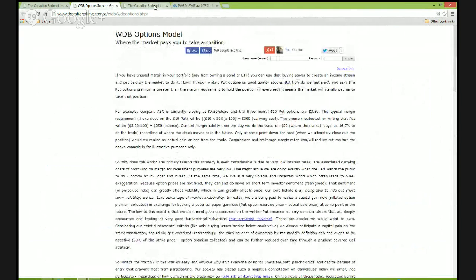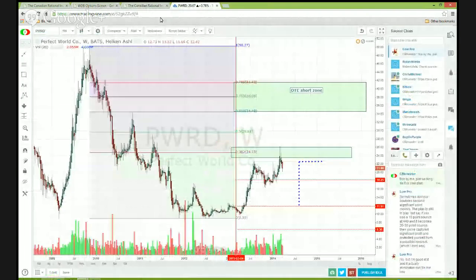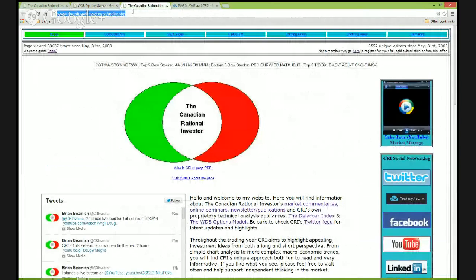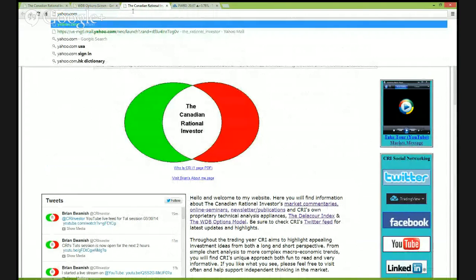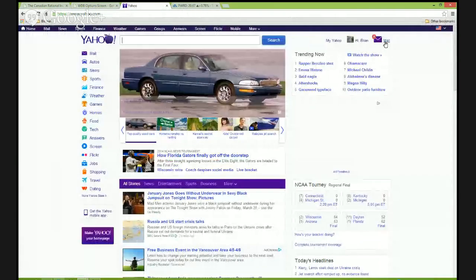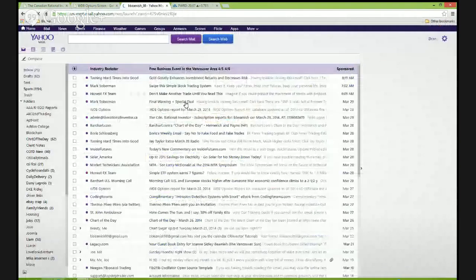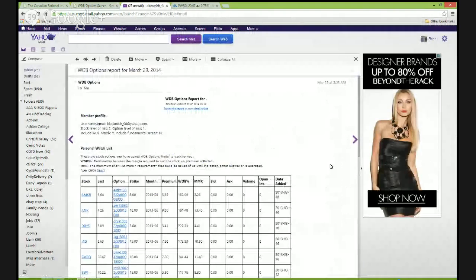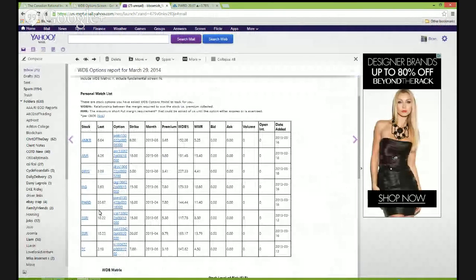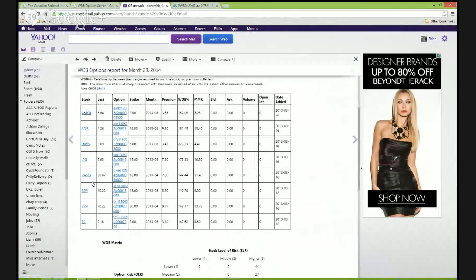The actual email itself, just to give you an idea of what they look like, basically looks something like this, where you have a watch list of stocks that you watch. This is a dummy basket of all the signals from last year.